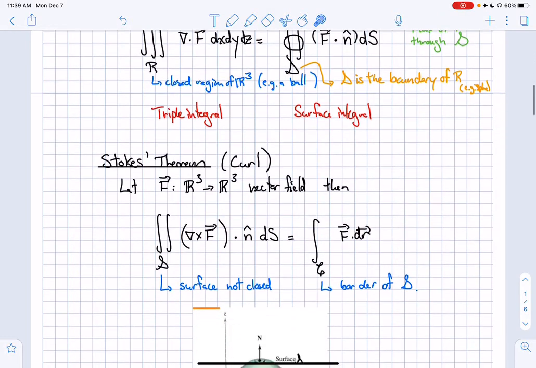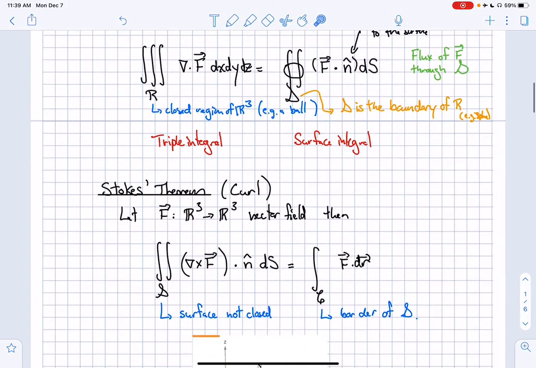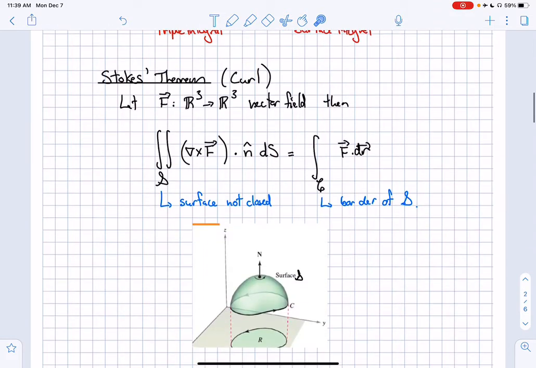And Stokes' theorem is similar in the sense that I do have a surface, but now that surface is not closed. It has a boundary C, so it doesn't close on itself like a sphere.